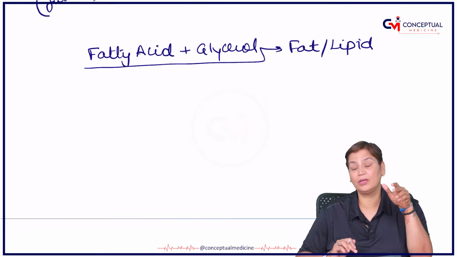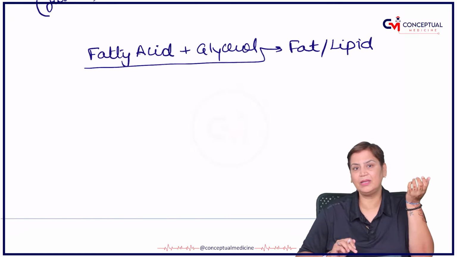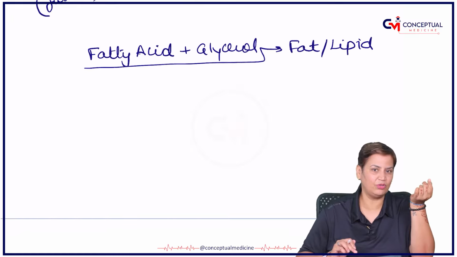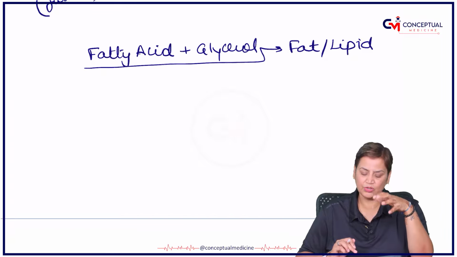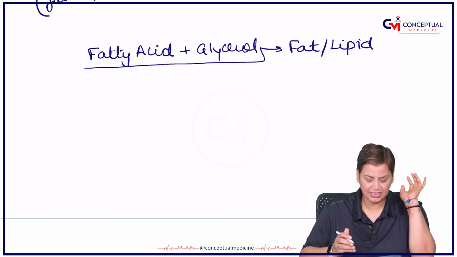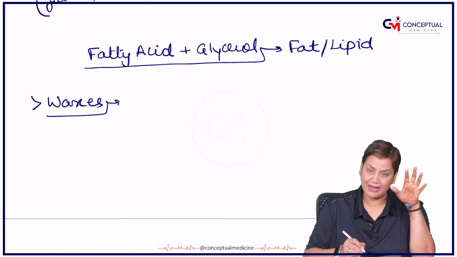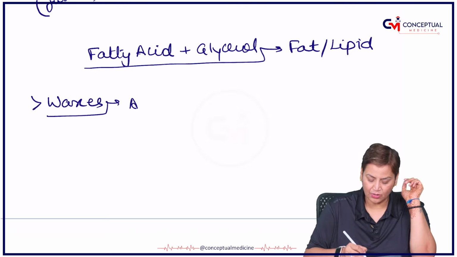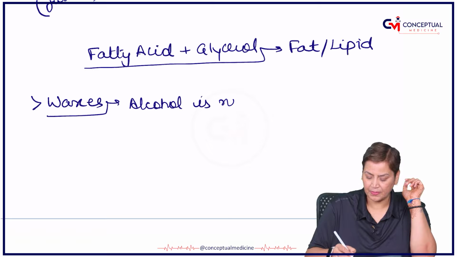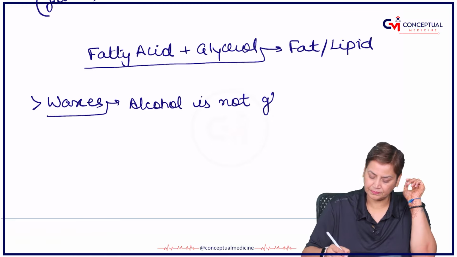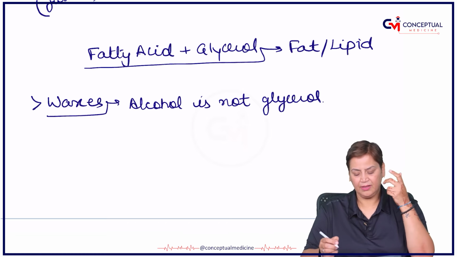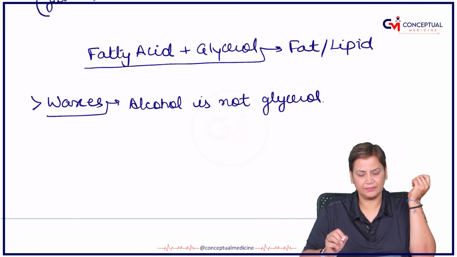If we are talking about the simple lipids, under simple lipids we will have neutral fat and waxes. Neutral fat is nothing but the TAGs, and waxes have a fatty acid, but the alcohol is not glycerol. It will be a triester.